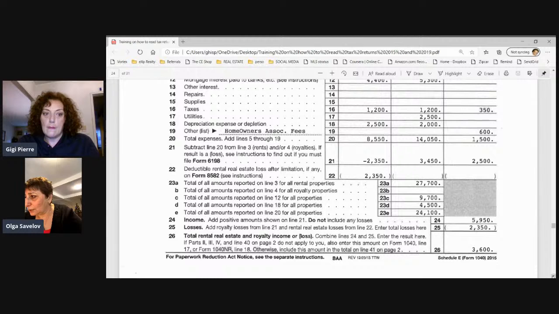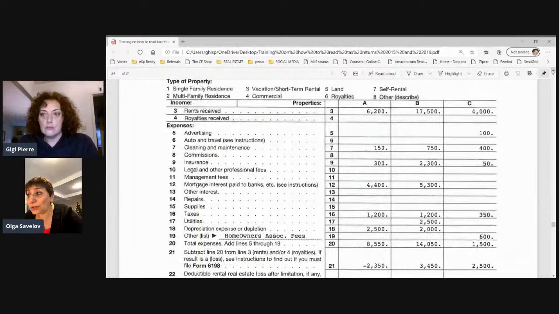So let's take a look at property C, because there is no mortgage there. We rented only for 90 days. Our rental income was $4,000. Our expenses were $1,500. So our profit was $2,500.